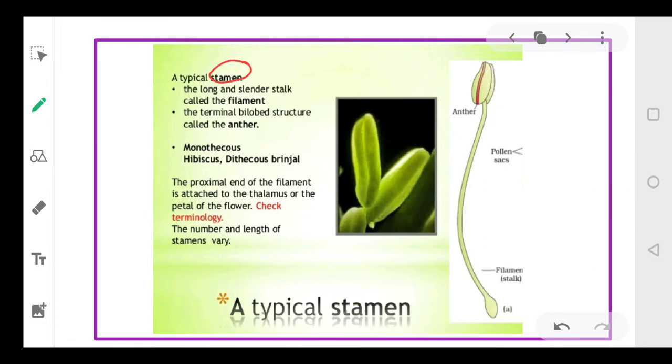So the stamen has two parts, one is the filament, another is the anther. Now just look at the diagram. This long part is called the filament and this portion is called the anther, right? So the stamen is made up of two parts, anther and filament. Okay everyone?